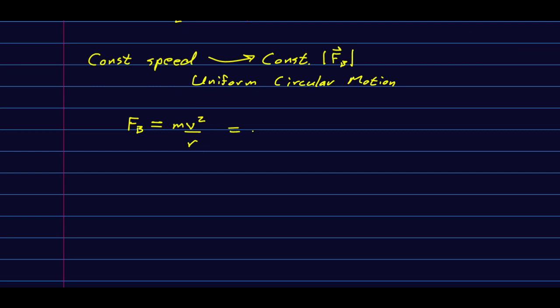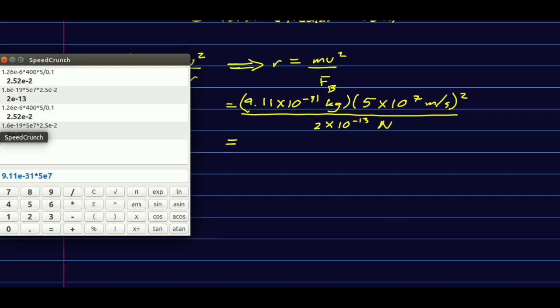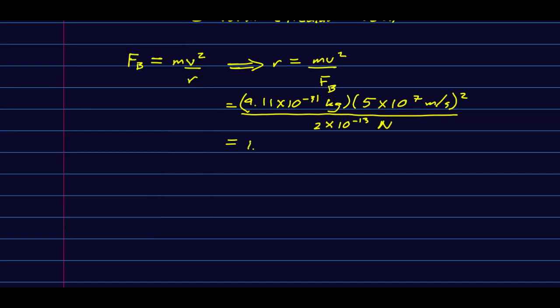So we can find the radius of the circle just by solving for r. Let's plug in all the numbers. And we get that the electron is going to go in a circle a little over a centimeter in radius, about 1.1 centimeters.